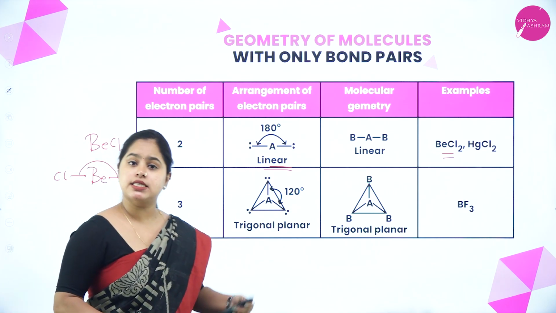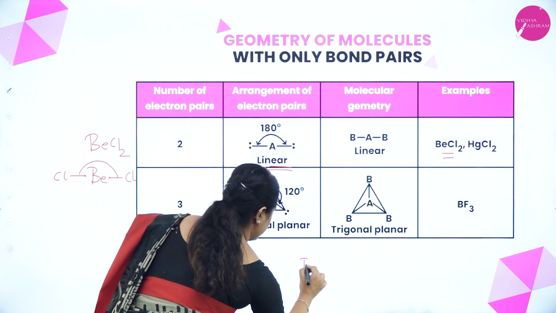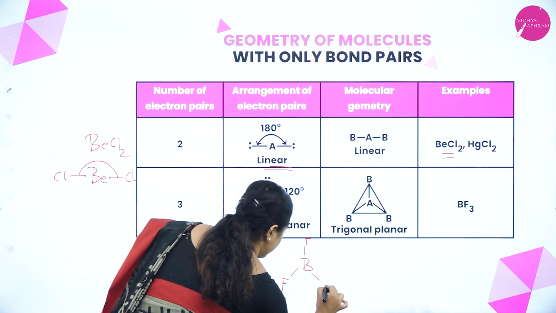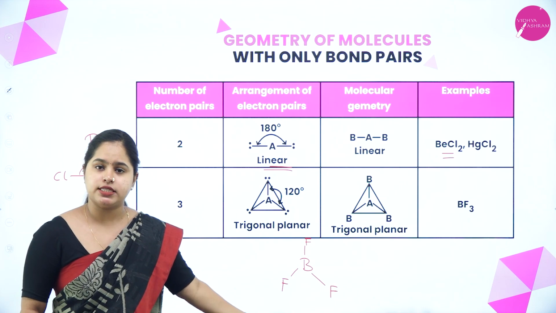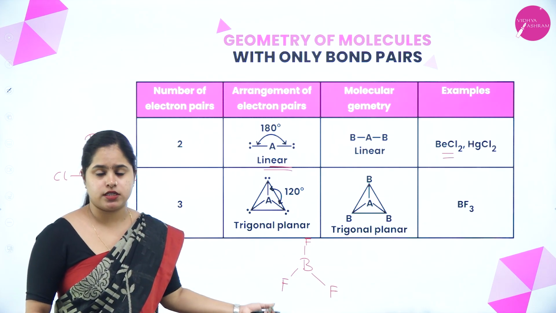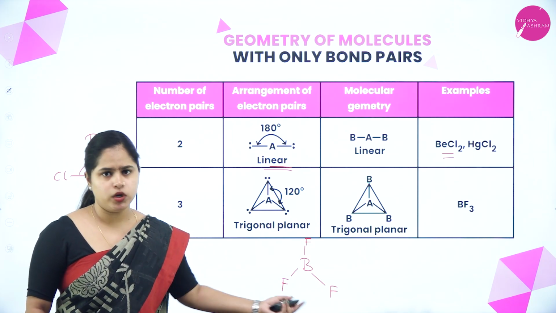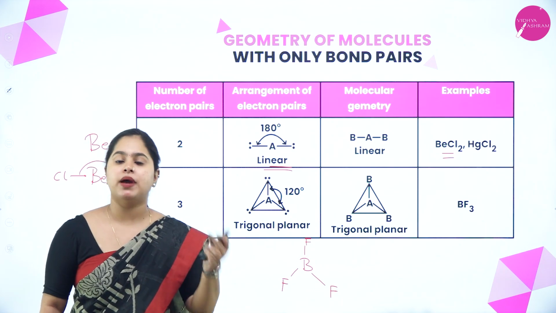Let's take the example of BF3 molecule. B, 1 F here, 1 F here, and 1 F here. In this case also, are there any lone pairs? No. And how many electron pairs are there? Only bond pairs: 1, 2, and 3. 3 electron pairs are there.